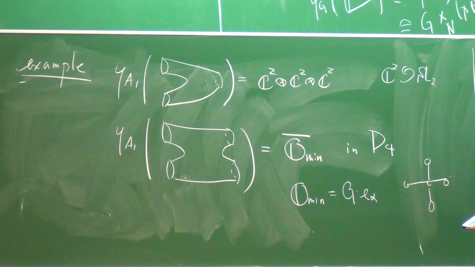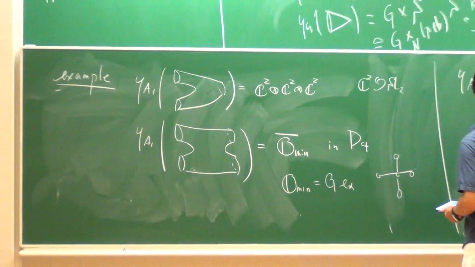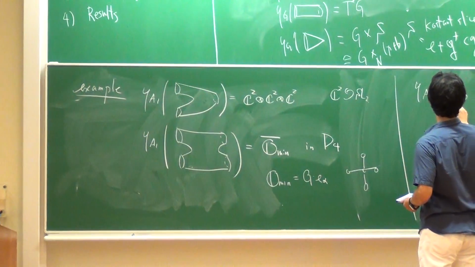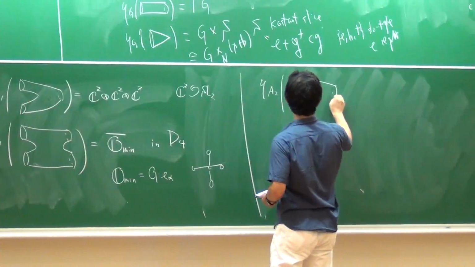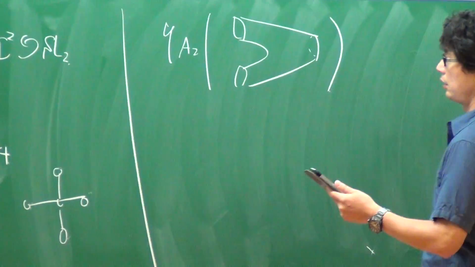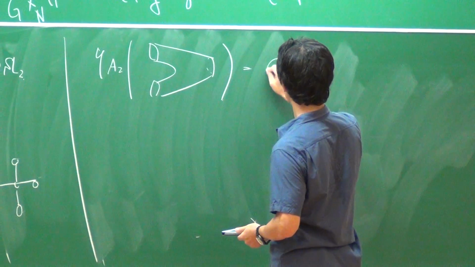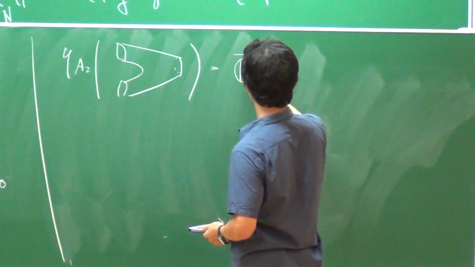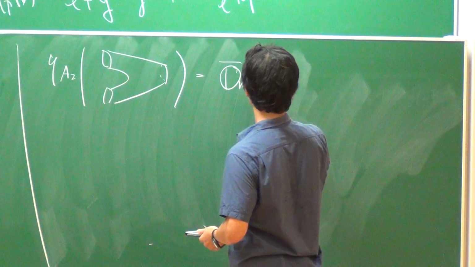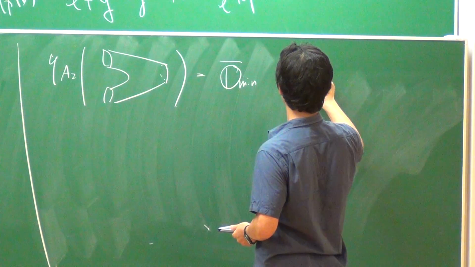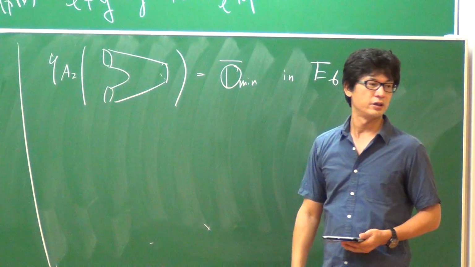So for A2, what is the symplectic variety corresponding to it? This is the minimal nilpotent orbit closure in E6.